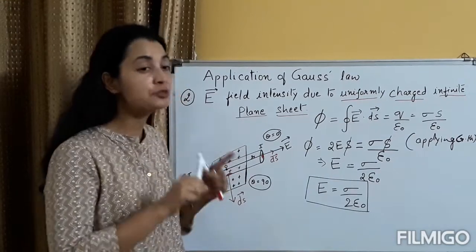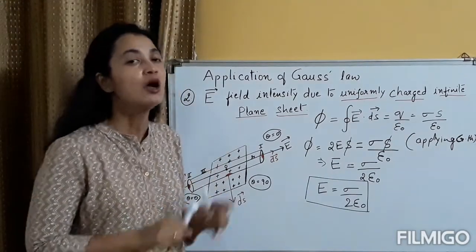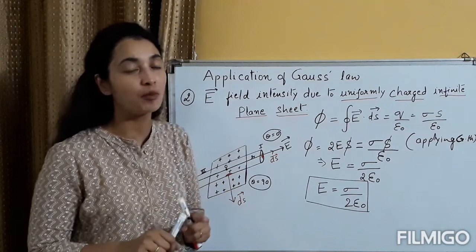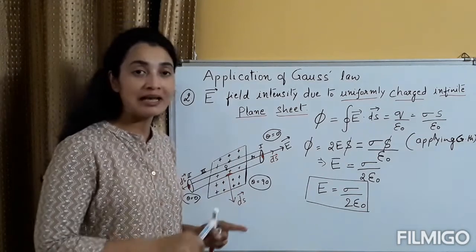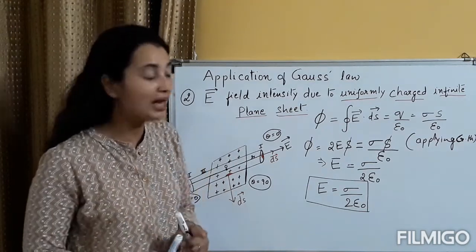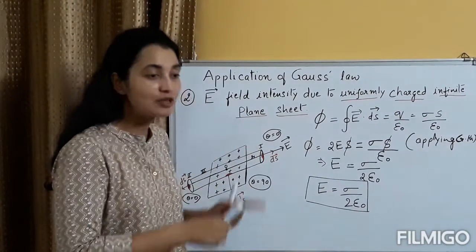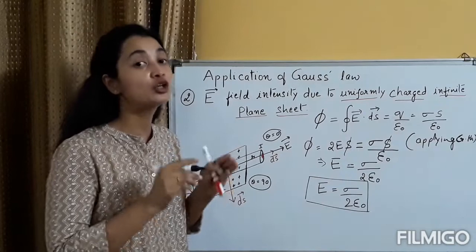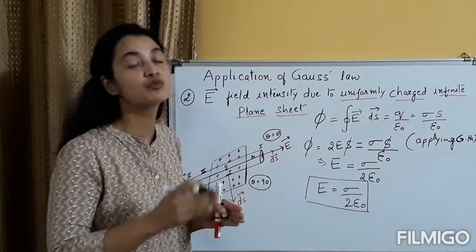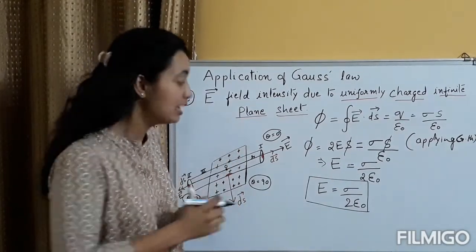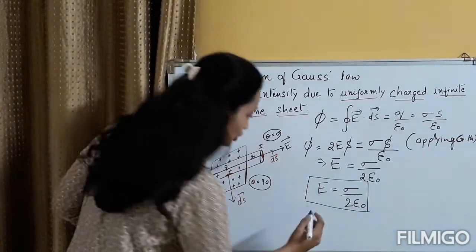Like for point charge, E is proportional to 1 by r square. For short dipole, it is proportional to 1 by r cube. For line charge, E is proportional to 1 by r. But in this situation, electric field is independent of the distance at which we are trying to find the electric field. A special case worth noting.